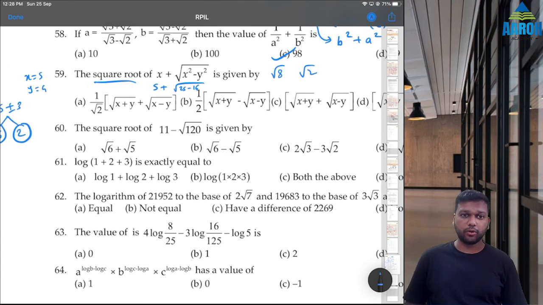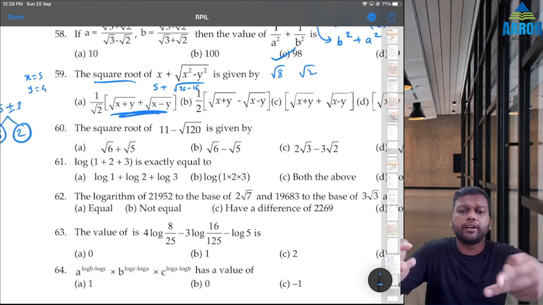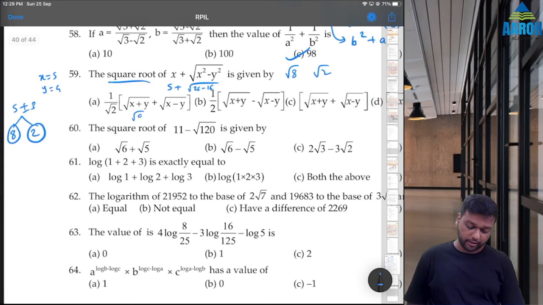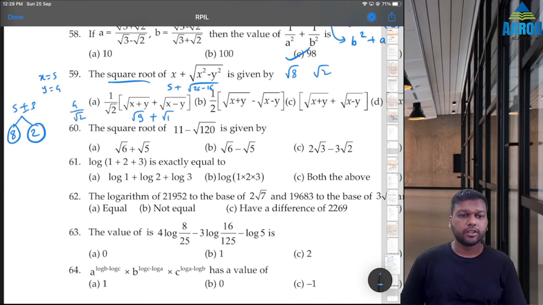Or what we can do is put x and y in the expression and take the square of it to check if we are getting 8 or 2. Let's check. Root of x plus y will be root of 9, plus root of x minus y is root of 1. So root 9 plus root 1 is 3 plus 1, 4. 4 by root 2 will be the answer for this, that is going to be 2.8284.